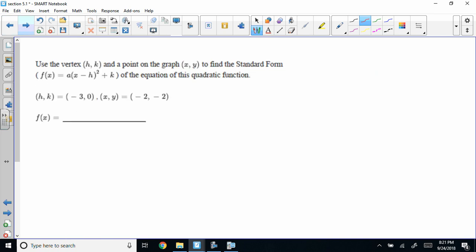Here we go. Use the vertex (h, k) and a point (x, y) to find the standard form of the equation of this quadratic. What are we actually solving for here?